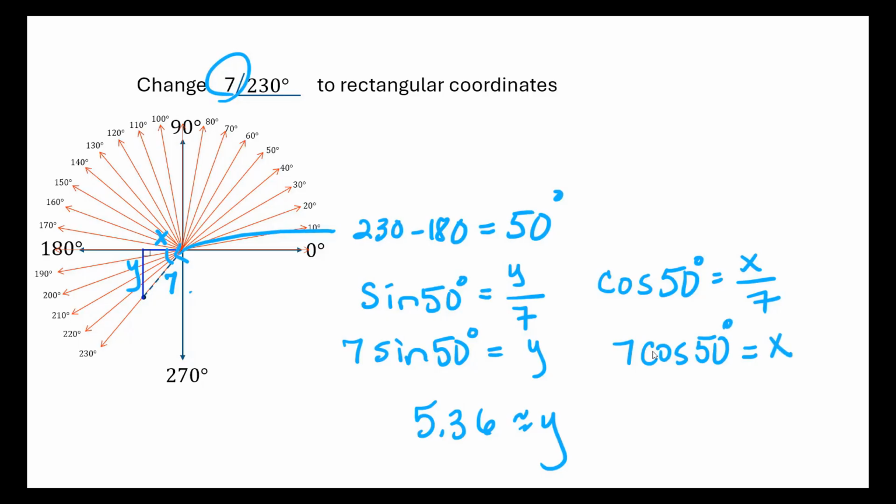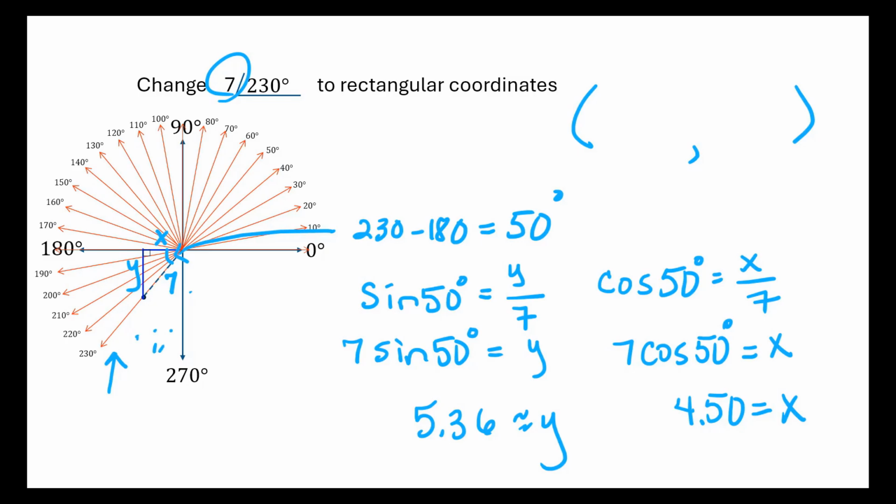If we punch that into the calculator, okay, so if you remember, I was telling you when we learned this the first time that you need to be careful with your x and y because you have to notice what quadrant you're in. So we are in the third quadrant. This is the part of the xy plane where x is negative, you go left, and y is negative, you go down.